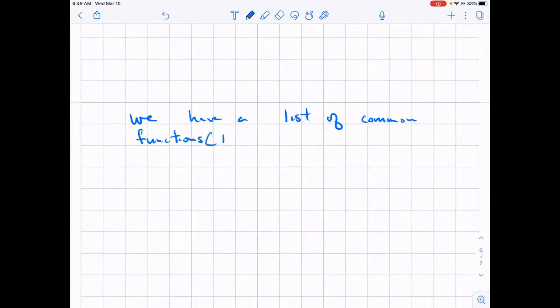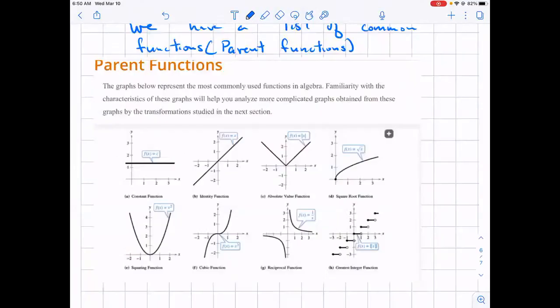Yeah, we call them the parent functions. So let's look at that list. Here's the list of the common functions, the most commonly used graphs in algebra.